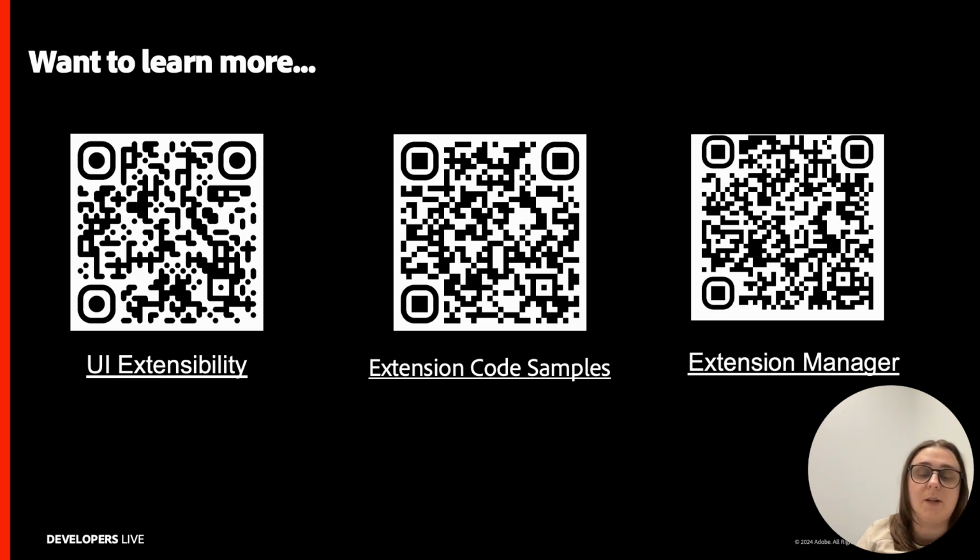And we have this available for Universal Editor, Content Fragment Admin, and Content Fragment Editor. And finally, here's a link to Extension Manager if you want to check if it's available for your organization and maybe try the demo I showed earlier today.